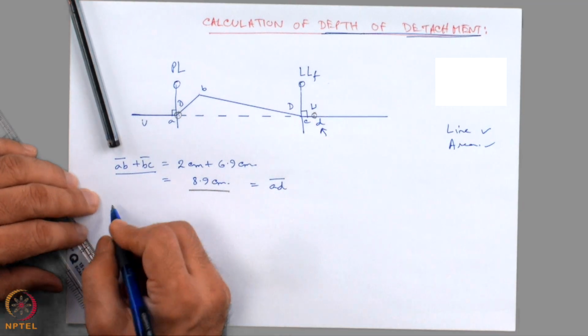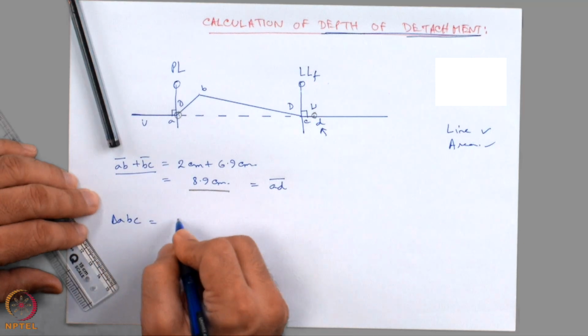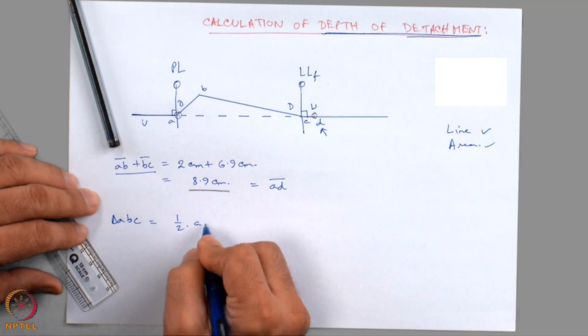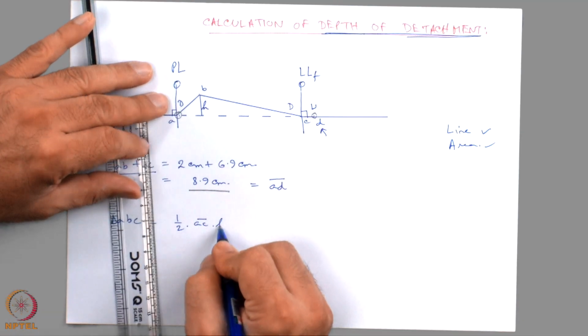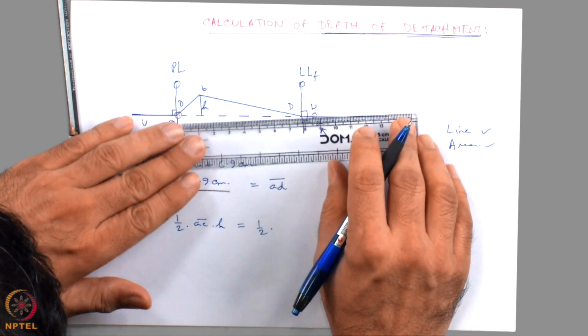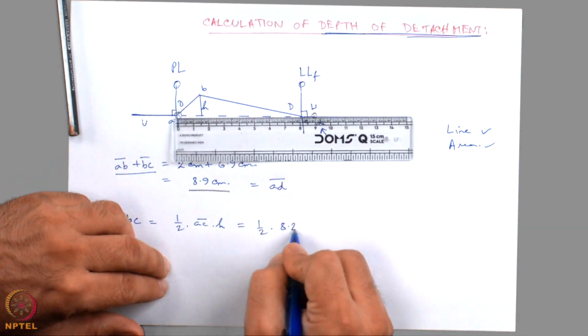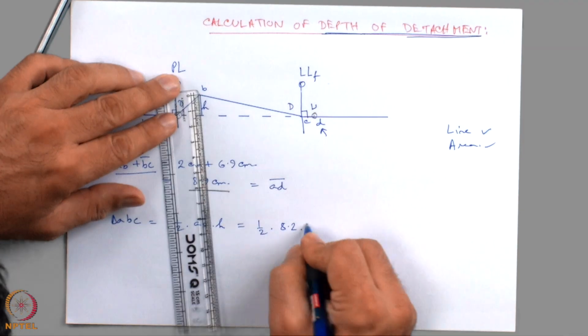Next, we want to find out the area of the triangle ABC, which is given by half multiplied by the AC length multiplied by this H. AC length is 8.2 centimeter and H length is 1.3 centimeter.